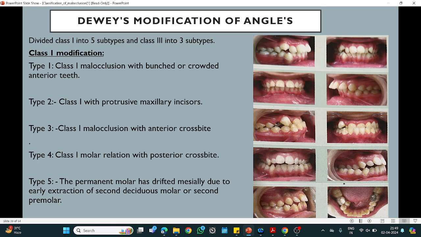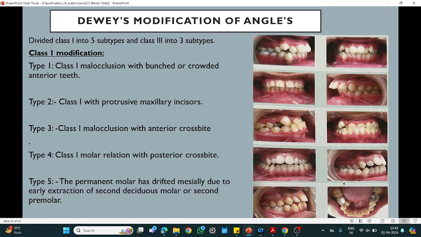What is Dewey's modification of Angle's classification? There are 5 subtypes in case of class 1 and 3 in case of class 2. First, class 1 modifications are: type 1, class 1 malocclusion with bunched or crowded anterior teeth.